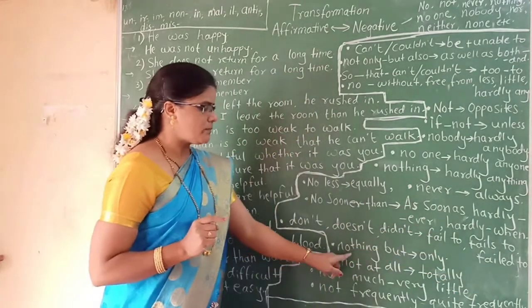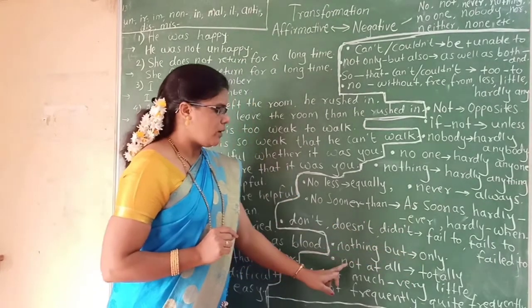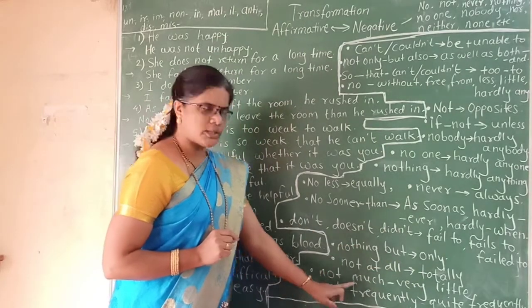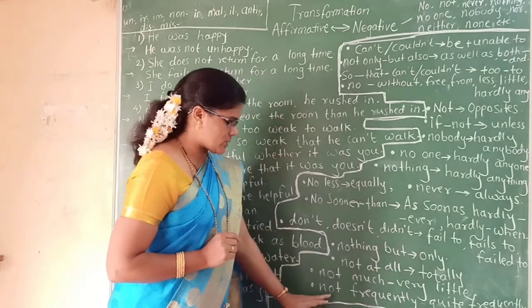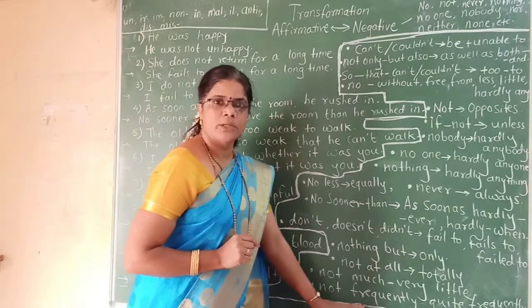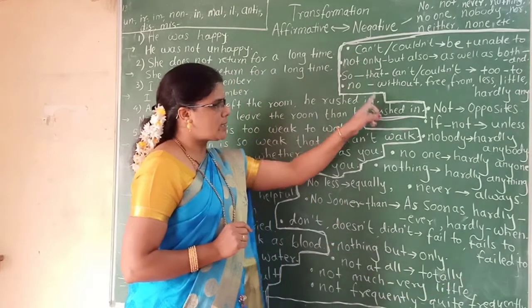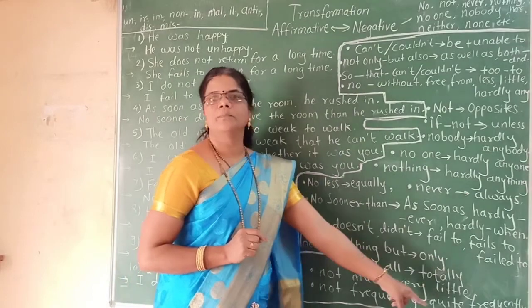Next one, nothing but. It should be changed to only. Next one, not at all, totally. Then not much. It should change to very little. And next, not frequently. It should be changed to quite frequently. So these are the words from negative and those are the words from affirmative.